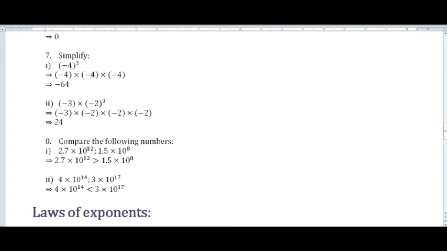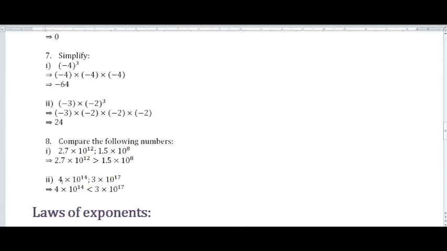We're going to see the exponential value of 10. So the term which has more exponential value is always greater. So here 2 to the power 7 into 10 to the power 12 is greater than 1.5 into 10 to the power 8. Here 10 has only 8. Here there is 12. So that means these standard numbers are greater in value. So we are putting here the greater than symbol.